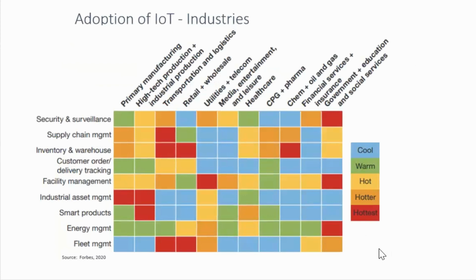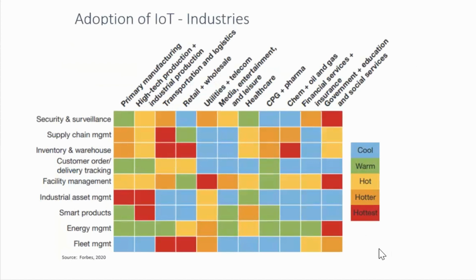And this is just another slice of the previous slide. It shows more by industry and what's driving some of those industries. So, for example, let's look at fleet management at the bottom. If you're doing fleet management, you're really interested in the red, which is the hottest.